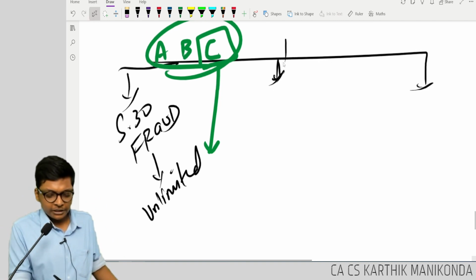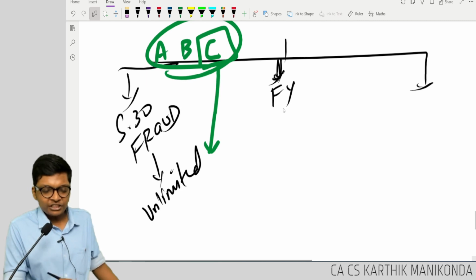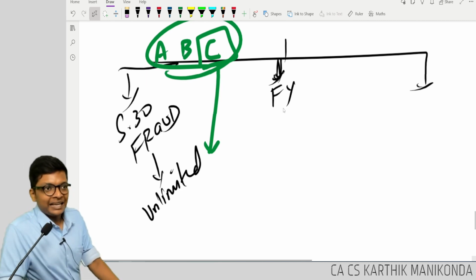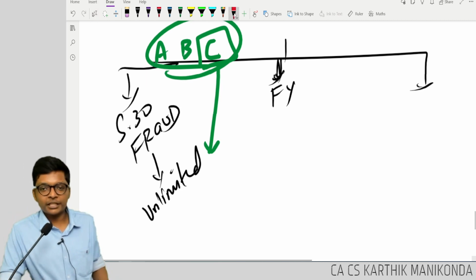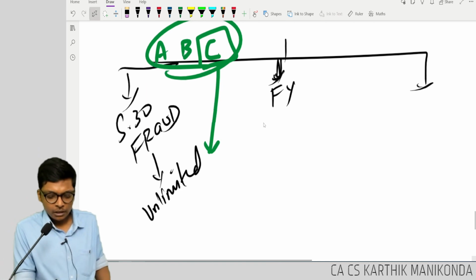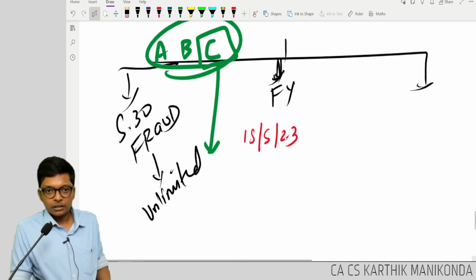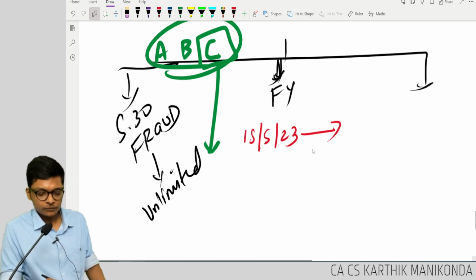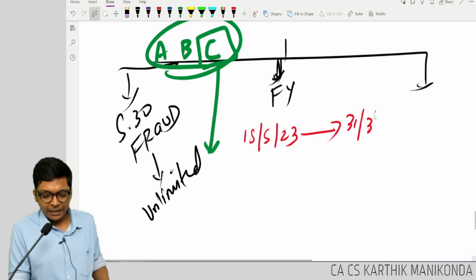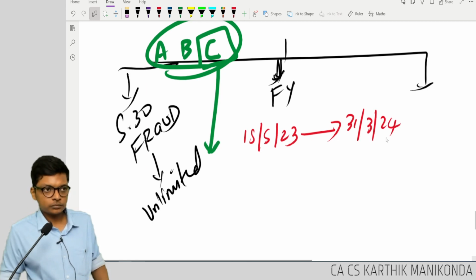Next, we saw this point: the financial year for an LLP, guys. The financial year for an LLP is like this. If LLP is incorporated on, let's say, 15th May 23, when does the financial year end? 31st March 24.